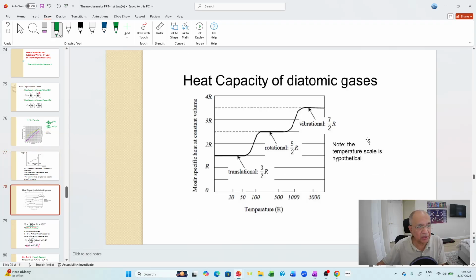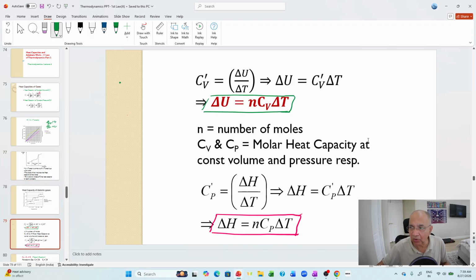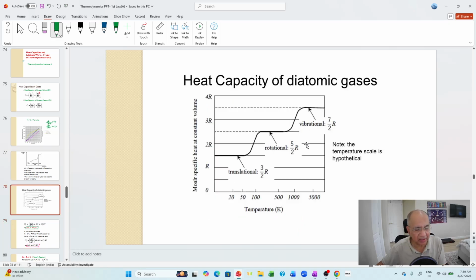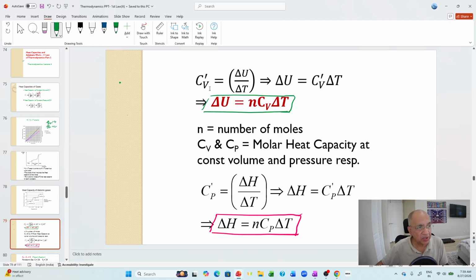So we have discussed all this. And also, we have seen that del U is equal to n Cv del T. Because Cv prime is the heat capacity of the entire amount, not the molar heat capacity, it is del U by del T. These Cv prime and del U are extensive properties.